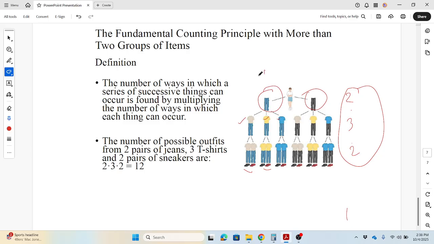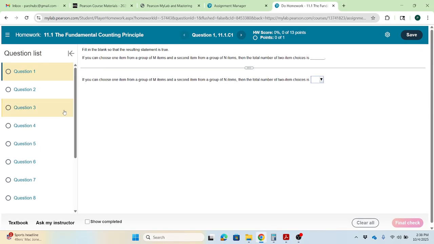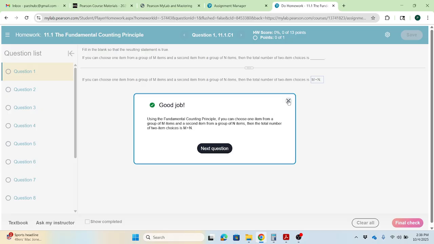Okay, so let's look at some examples. If you can choose one item from a group of m items and a second item from a group of n items, then the total number of possibilities is m times n. That's the fundamental counting principle.